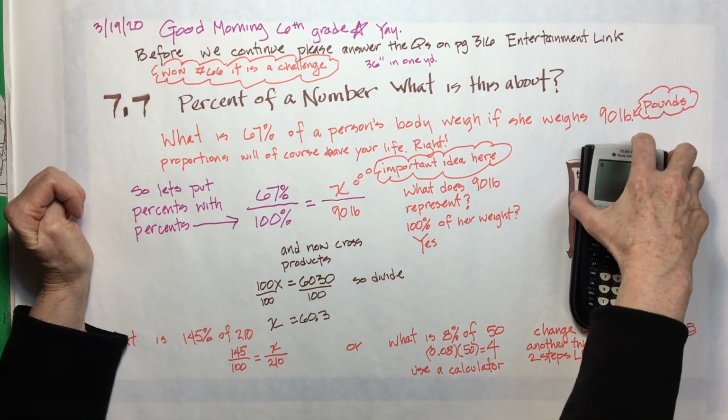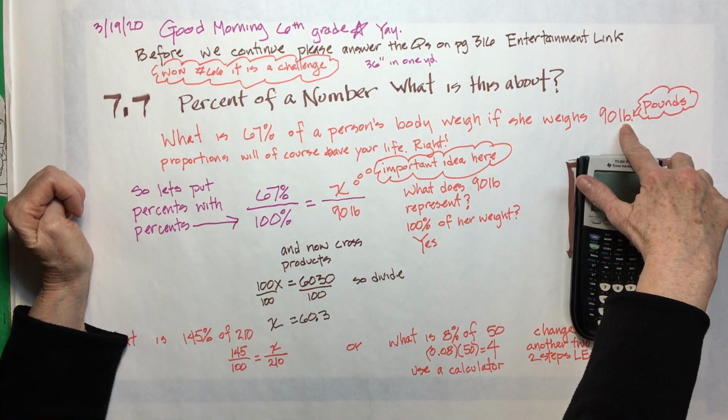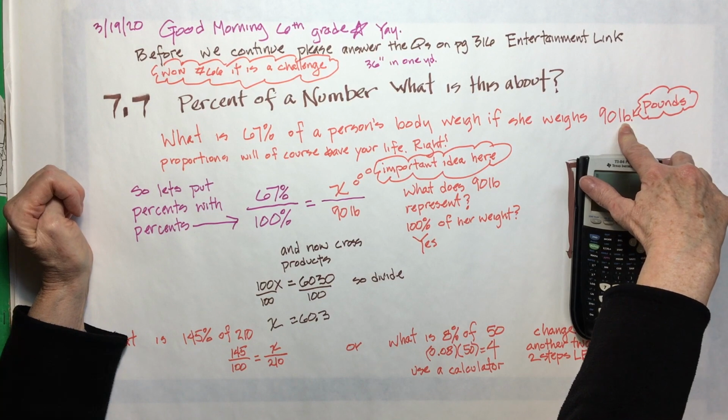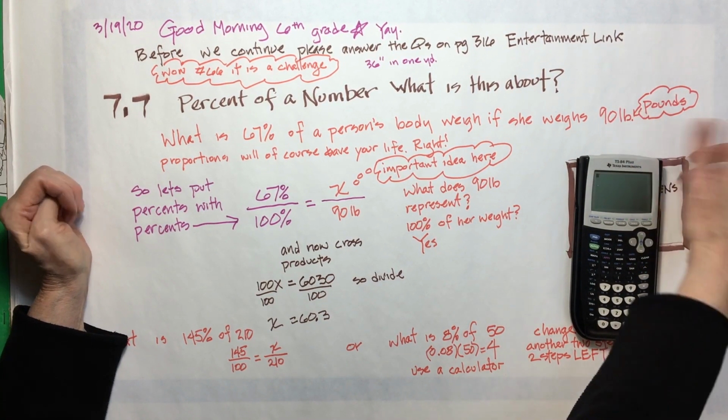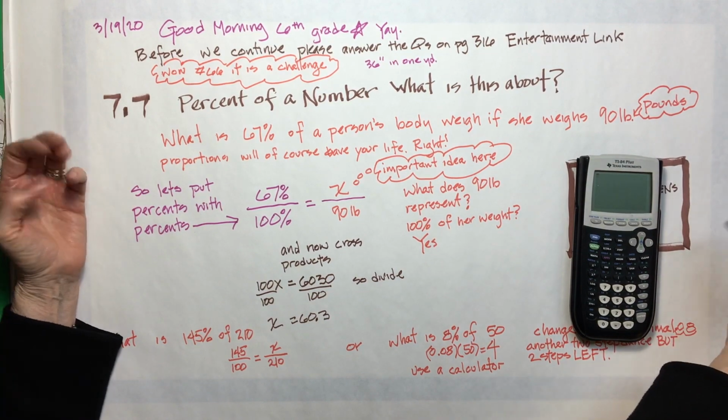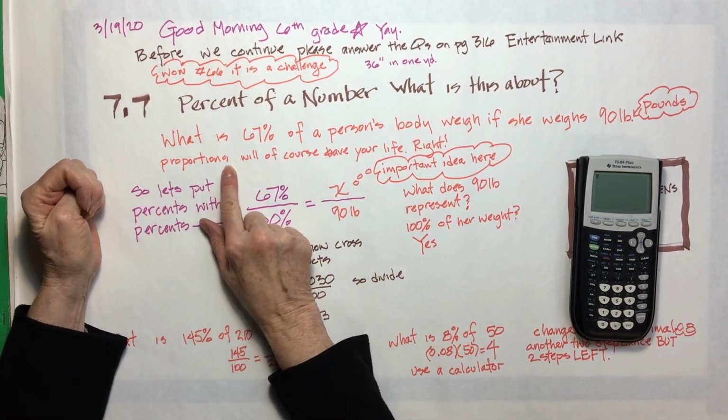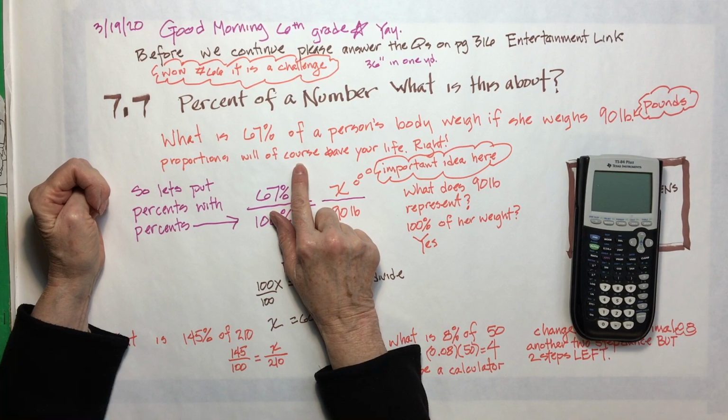Notice LB, for whatever reason, actually means pounds as opposed to PD. So proportions, of course, will always save your life.